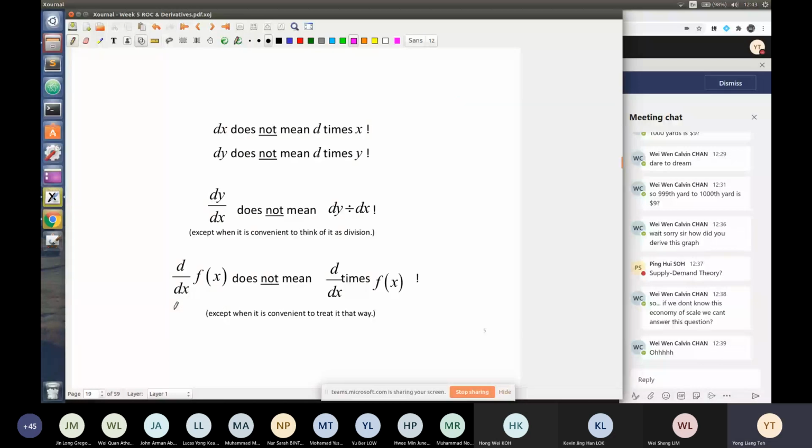Of course, in this case, this dx does not mean d times x. This d here is actually representing small change.